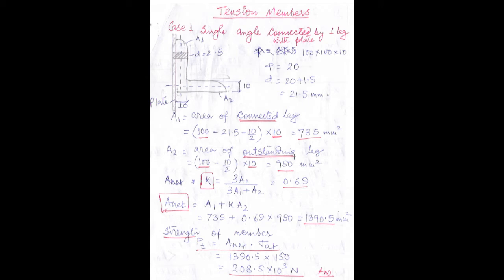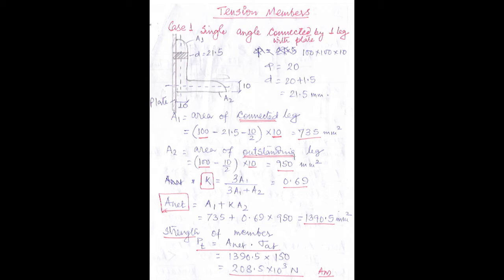In the outstanding leg there is no riveting, so actually it should be 100 multiplied by 10, but again I have taken minus 10 by 2, just by convention to take the measurement from the center point of each side. So 10 by 2, that means 5 millimeter we subtract just to take the measurement from center line to center line. So this A2 comes out to be 950 millimeter square.